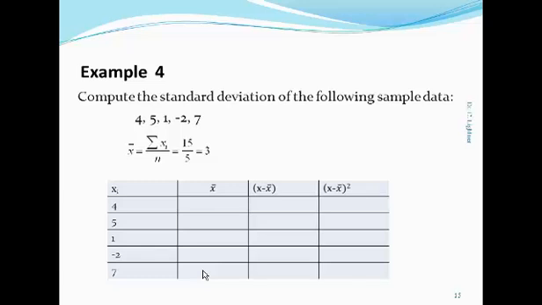Let's look at another example. Here, we want to compute the standard deviation for this data. We start by copying all of our x i data values in the first column. We then compute our mean and copy it down every row in the second column. In the third column, we take the difference between each x i value and the mean and record it here.